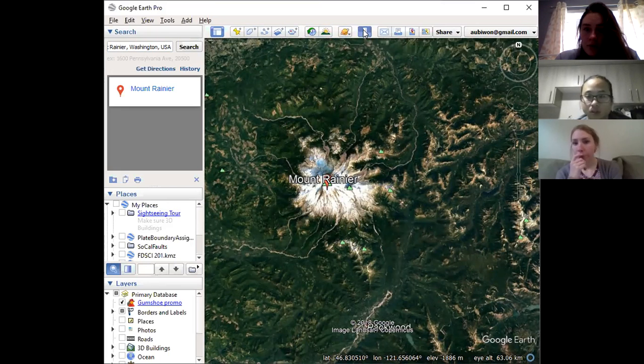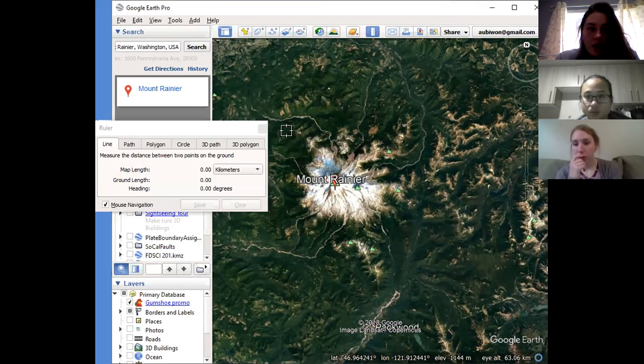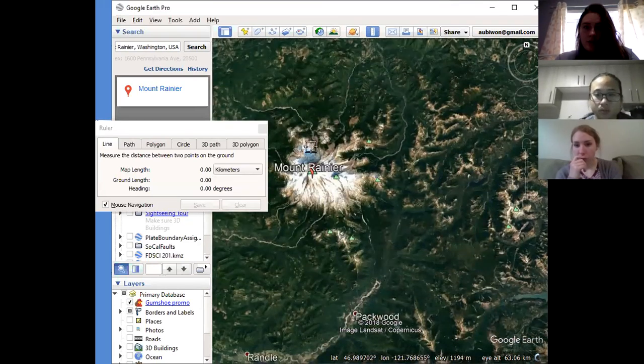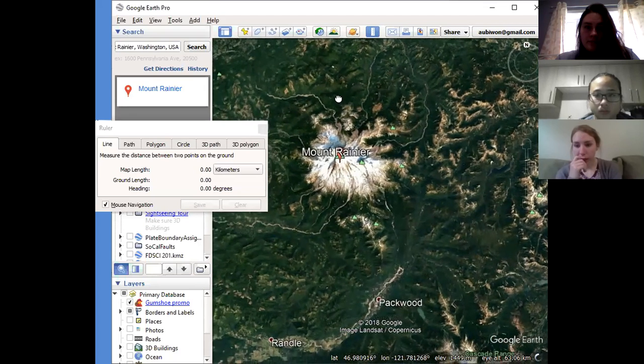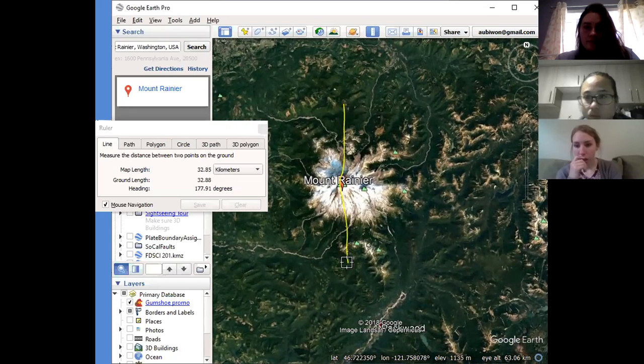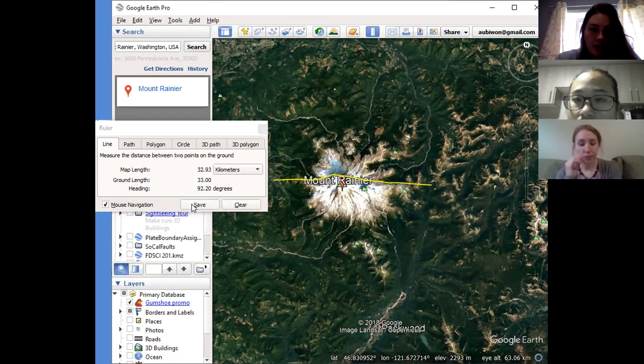Okay, lines. I can show my ruler. Oh, here we go. That's a line. Okay, so a line from north, which is at the top right now. Whoops. That didn't work. Why isn't that working? There we go. And then we go east. Oh, that didn't work. I want another one. Can I do another one? Okay, save.